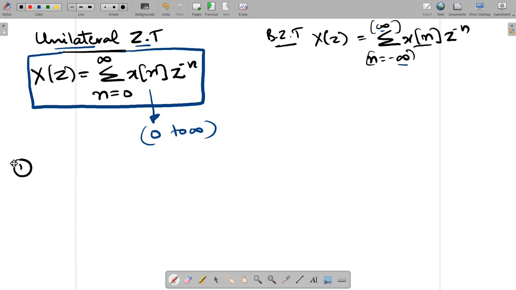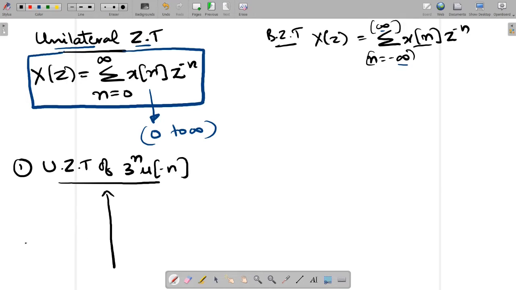Let us do a sum. Find the unilateral Z transform of 3 raised to n u of minus n. Okay, what is 3 raised to n u of minus n? The signal exists from where? From u of minus n, the signal is from 0, minus 1, minus 2, minus 3 and so on up to minus infinity. What is 3 raised to n? 3 raised to 0 is 1. What is 3 raised to minus 1? It is 1 by 3. 3 raised to minus 2 is 1 by 9 and so on.